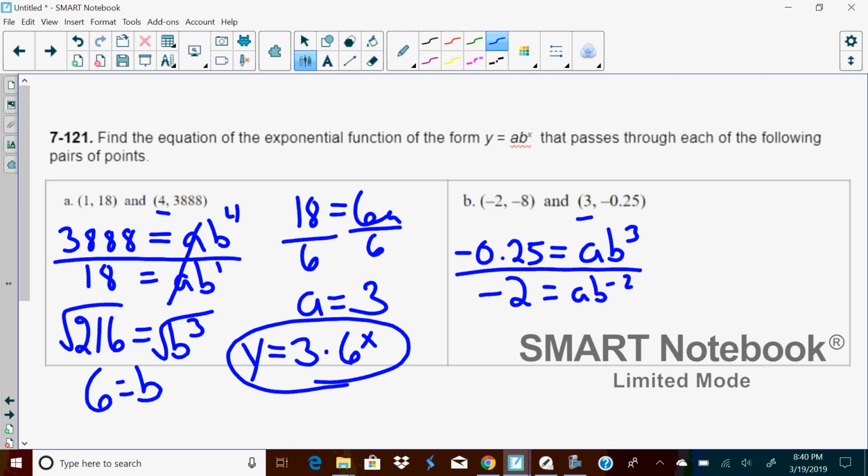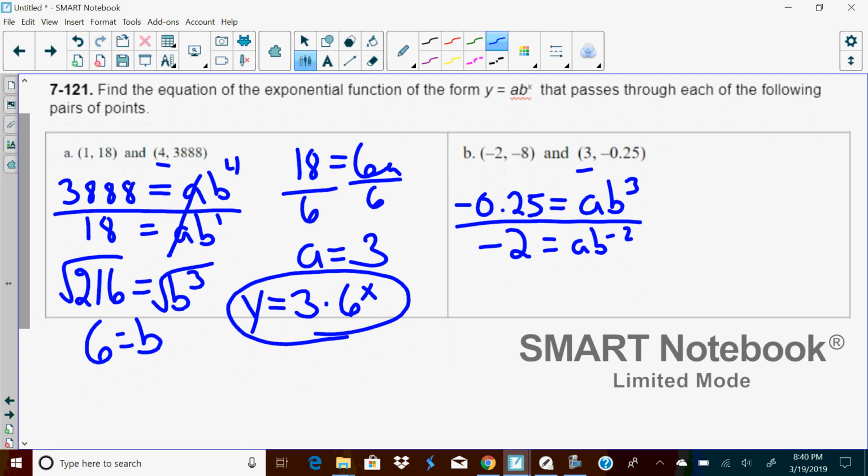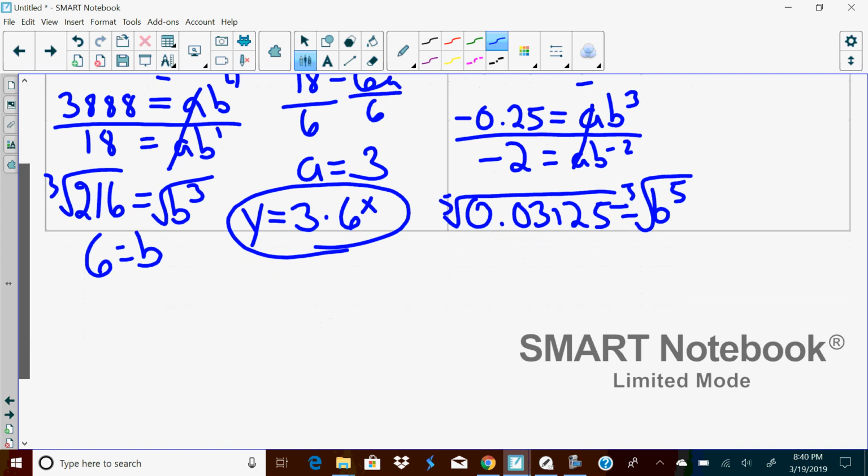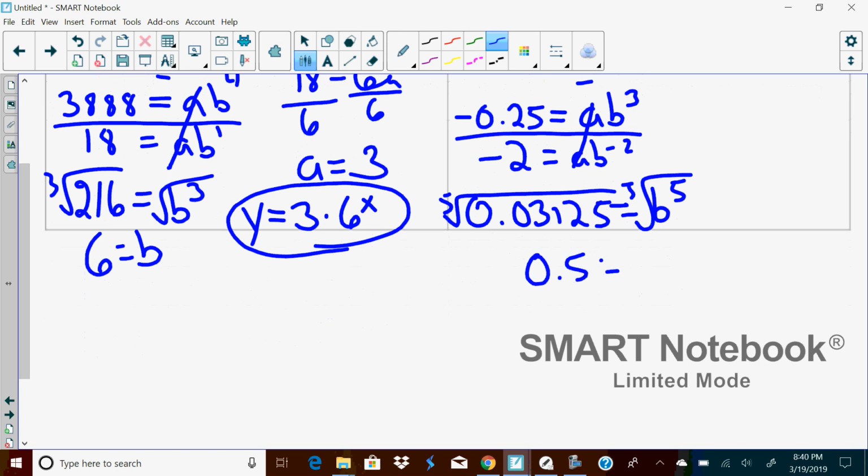So when I divide those, I end up with 0.03125 equals, the A's cancel, B to the 5th. So I took the 5th root, which gave me 0.5. So B equals 0.5.